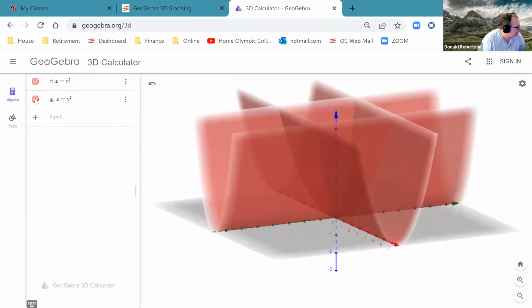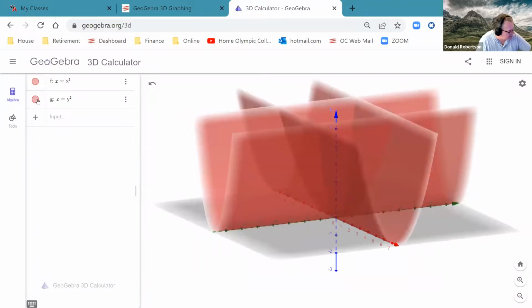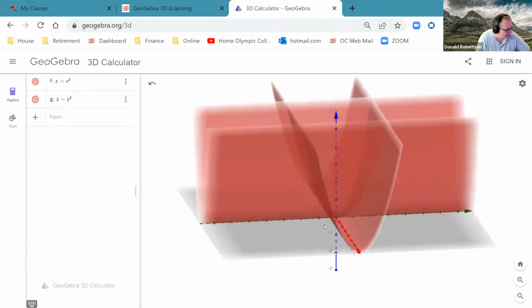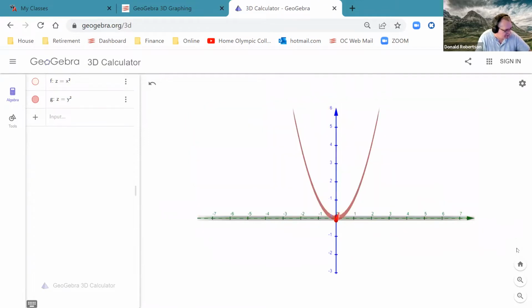No, it's both red, so I should be able to change the red color. Now you can see it. That's the x, z equals x squared. That's the z equals y squared. Can you see the difference in the axis that it uses? Still got the basic shape, but now you have to orientate it this way. Let me make that go away. This is the y-axis, and there's your z. Can you see the z equals x squared?